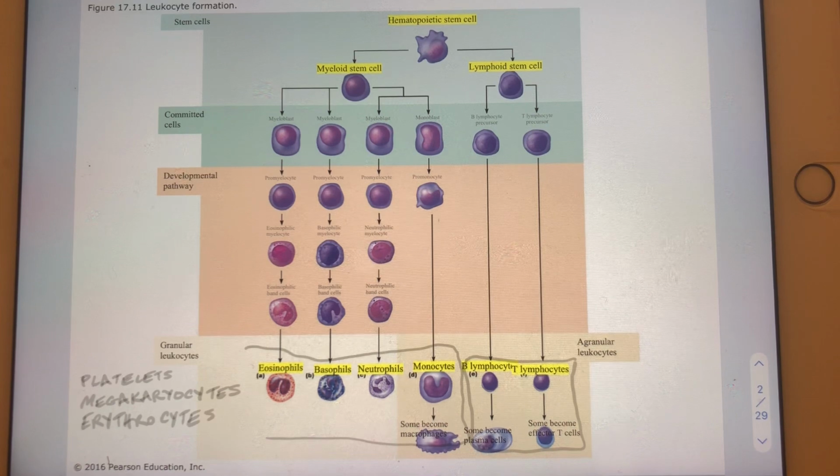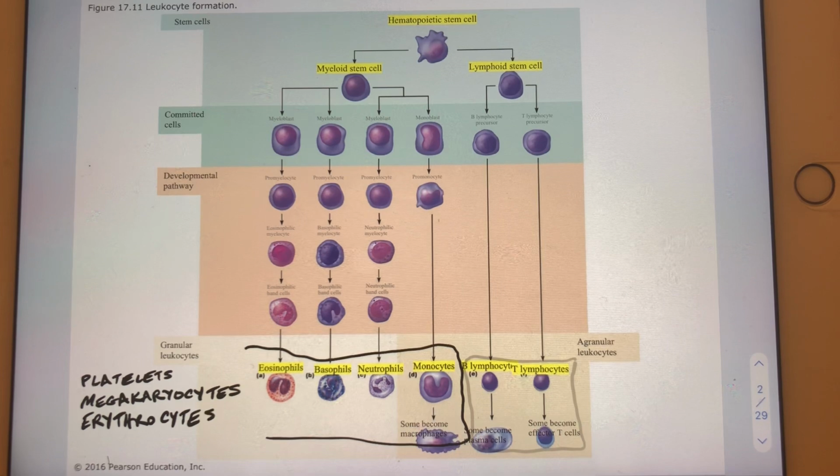The good news is that I really only need you to know which formed elements arise from which stem cell lines. So really the eosinophils, the basophils, the neutrophils, the monocytes, and for that matter, indirectly, platelets, directly megakaryocytes, and of course erythrocytes, red blood cells.